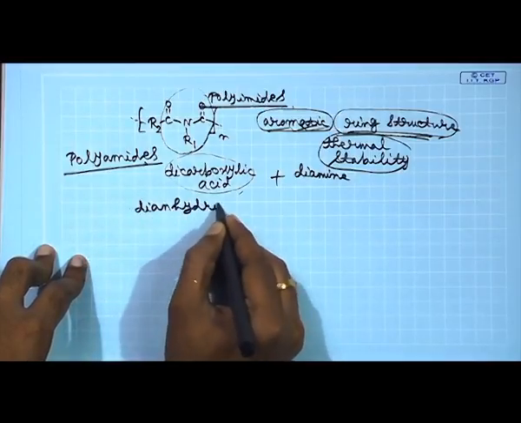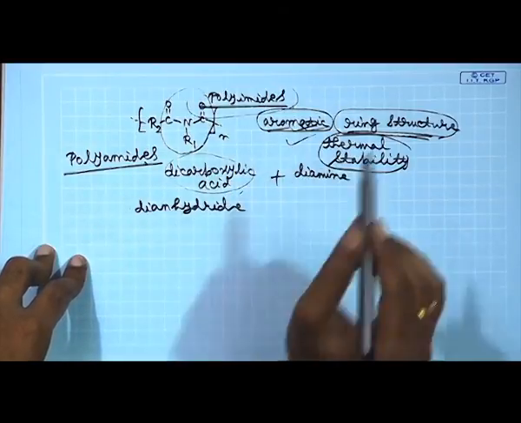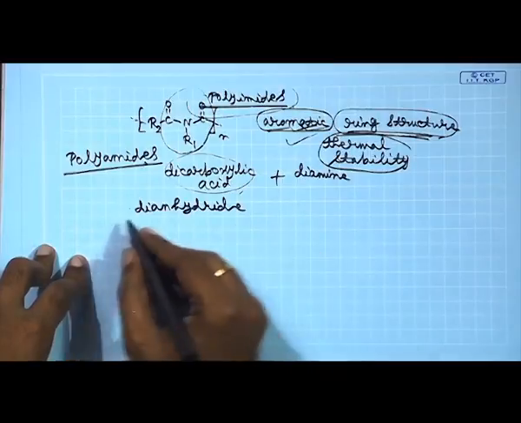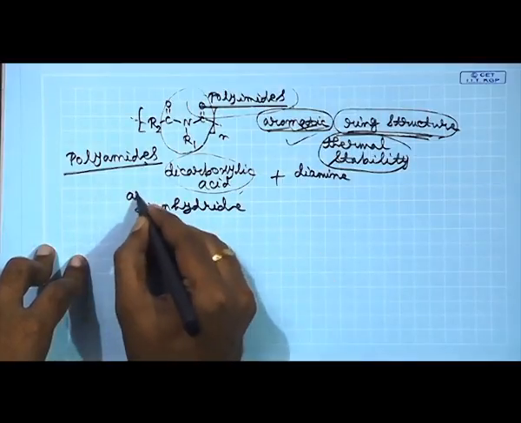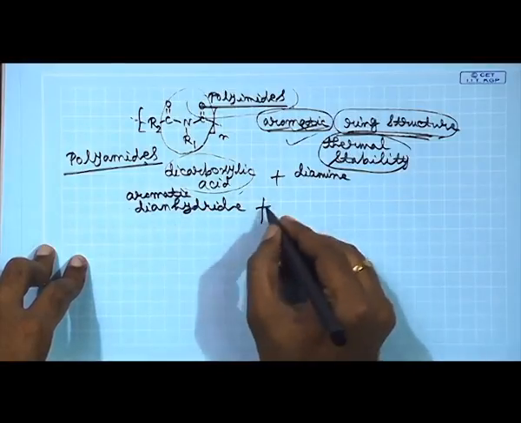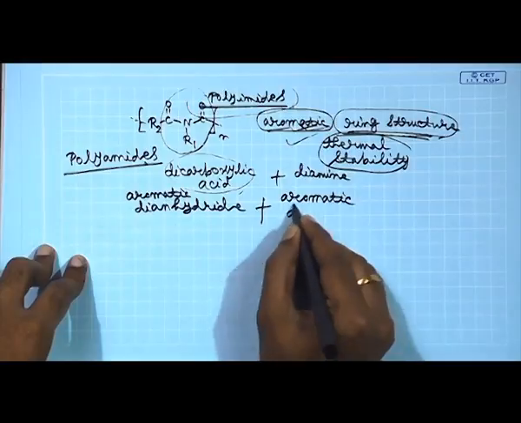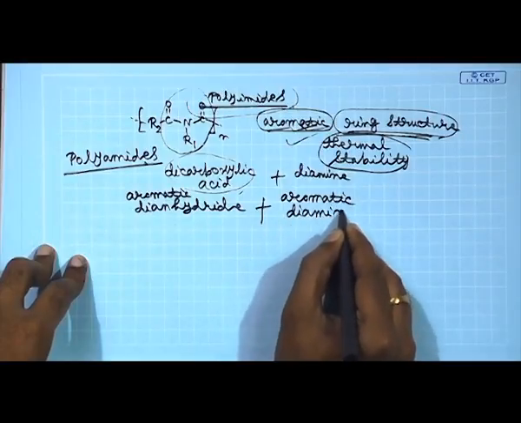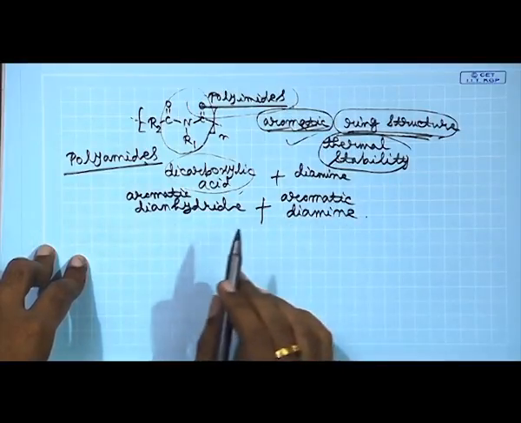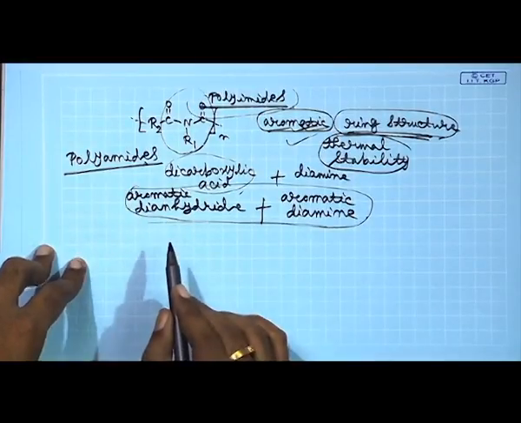Of course, in this case it will be an aromatic dianhydride, because we are talking about aromatic polyimides, since those are the most important polyimides. You react that with an aromatic diamine. And typically this process is a two-stage process.